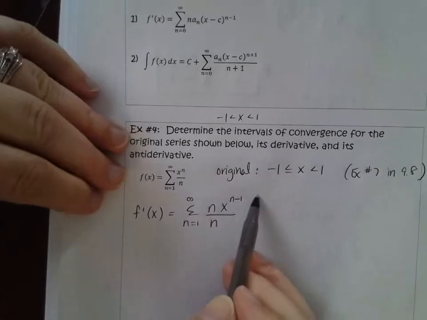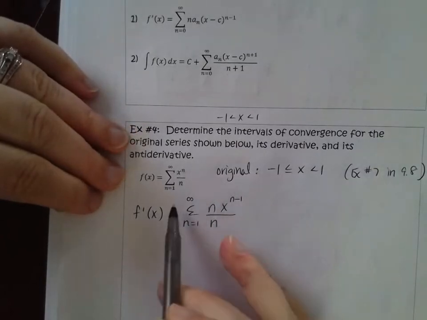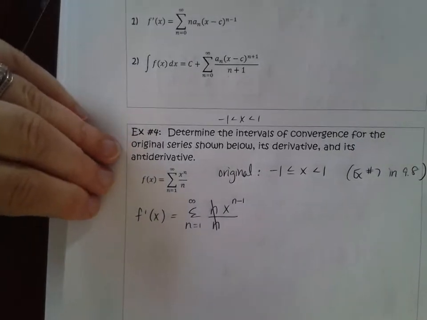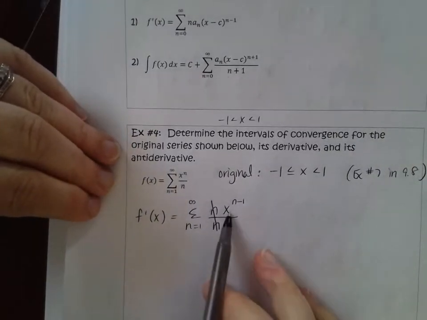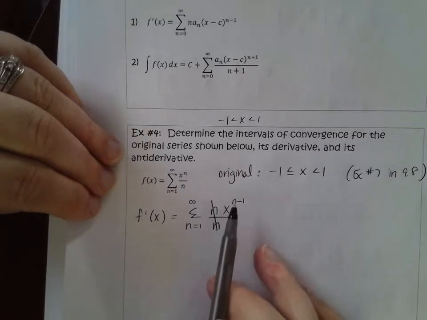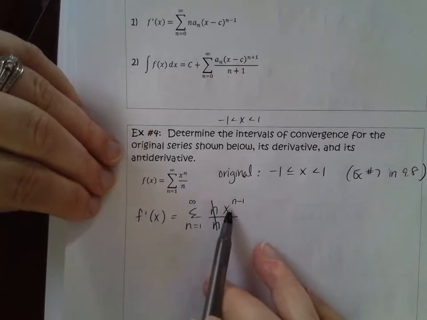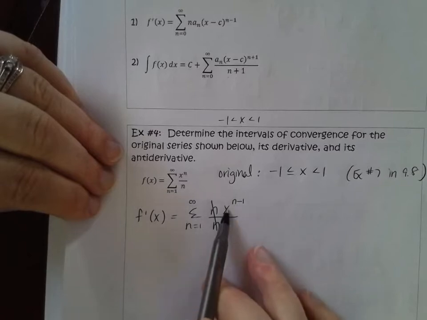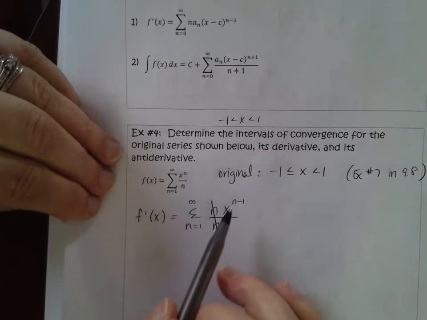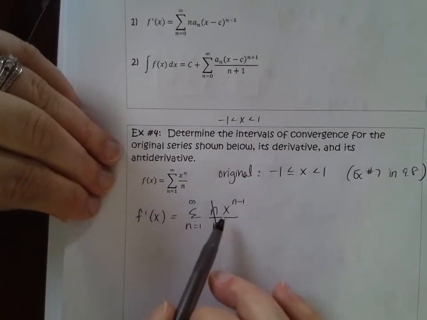And we're going to look at this series as its own representation. Okay? This series, x to the n minus 1, what would happen if we plugged in -1 and +1 into it? Those endpoints aren't going to change. We're just going to evaluate those at the end, at the value here.